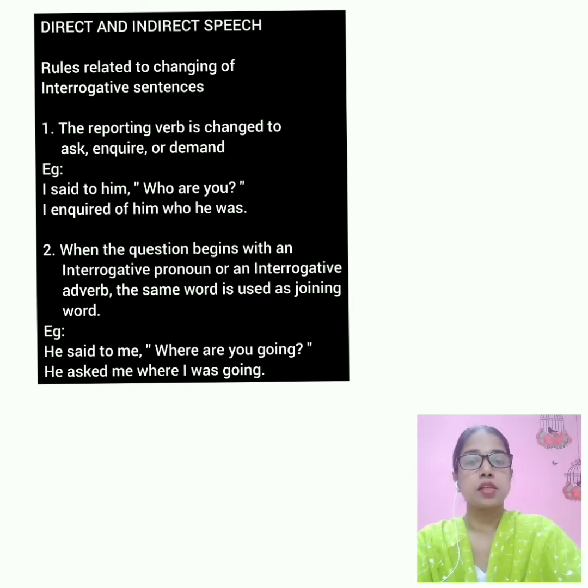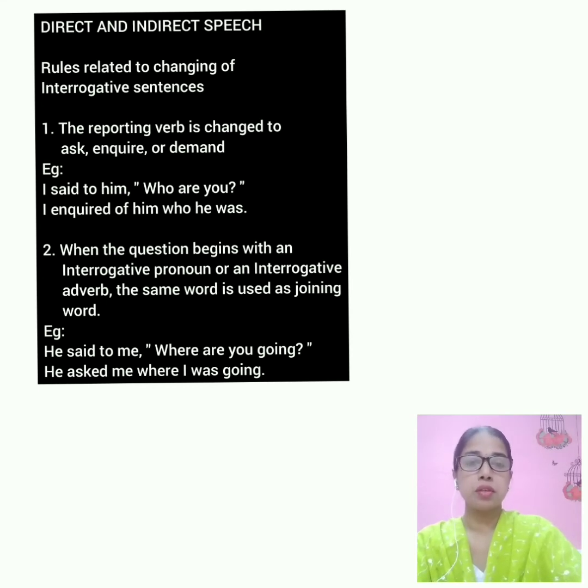So in the indirect speech you will write it as, he asked me where I was going. So here you see the reporting verb portion and the reporting speech portion has been joined by the word where. He asked me, then the joining word where, and then the speech part, I was going.